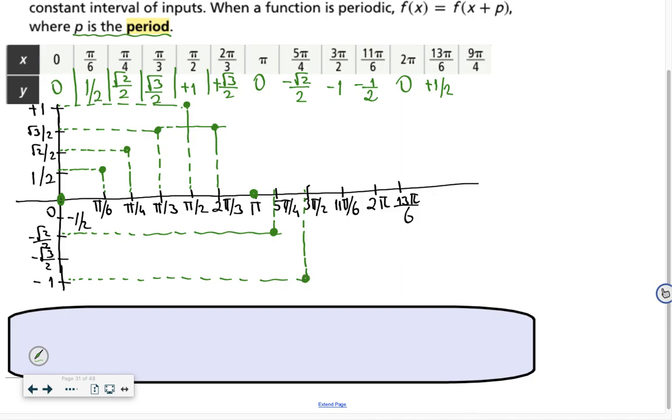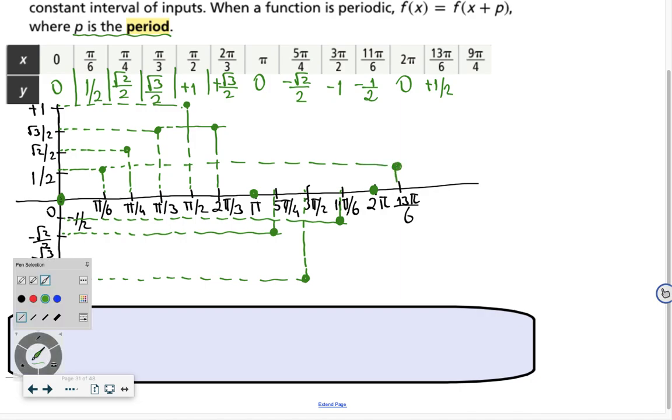If x is equal to 11 pi over 6, then your y will become negative 1/2. And again, if x is equal to 2 pi, y is going to become 0. After that, if it is 13 pi over 6, then your function will be 1/2 again.